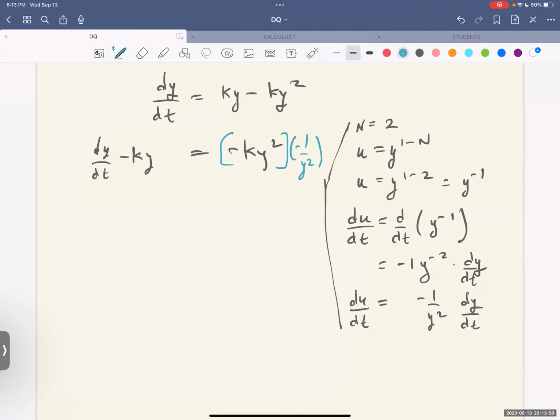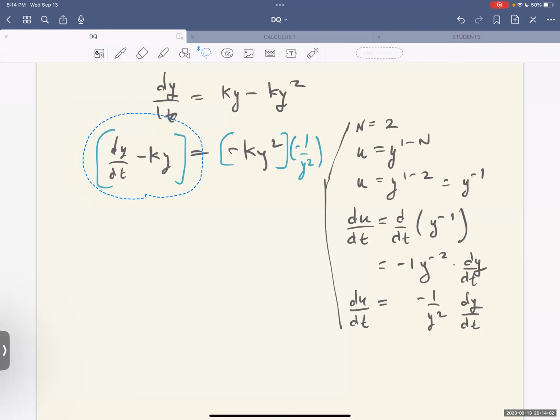The left side also gets the negative 1 over y squared. That's a similar step to the integrating factor, multiplying the integrating factor on both sides. Here we're multiplying that negative 1 over y squared on both sides.